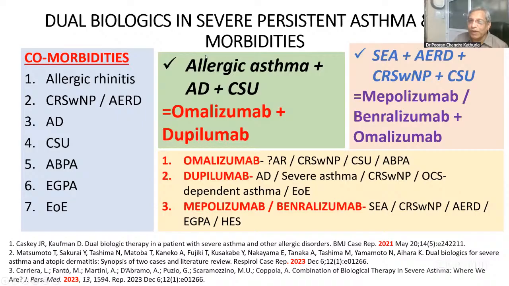In patients of allergic asthma, atopic dermatitis, CSU, chronic spontaneous urticaria, we are giving two biologicals, but very few are there. Most of these patients have eosinophilic, allergic disease along with other comorbidities.